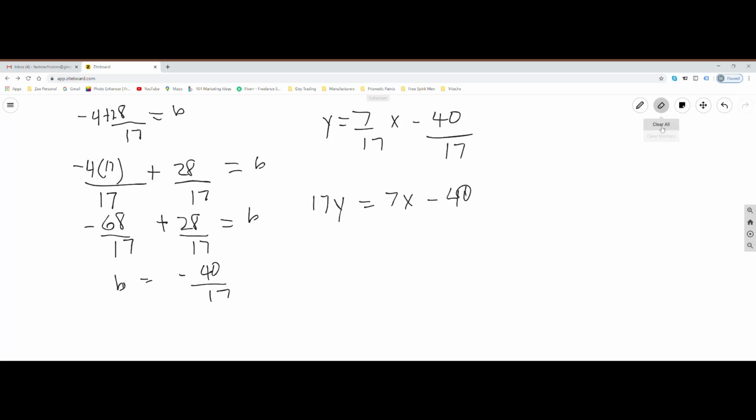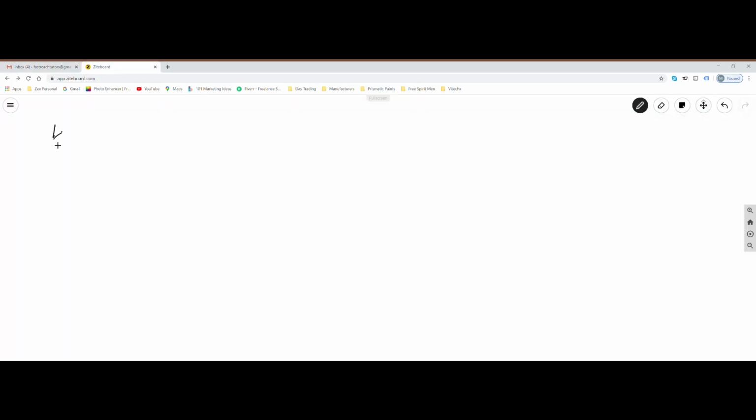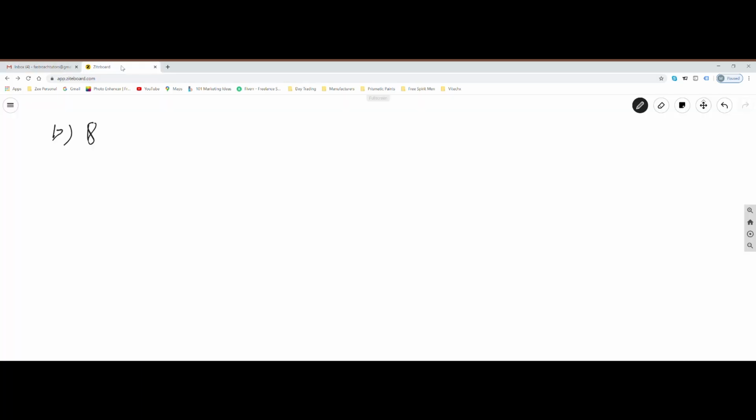Okay, so let's go to the next question. B has a slope of 8, an intercept of 6. So b equals 6 and slope equals 8.